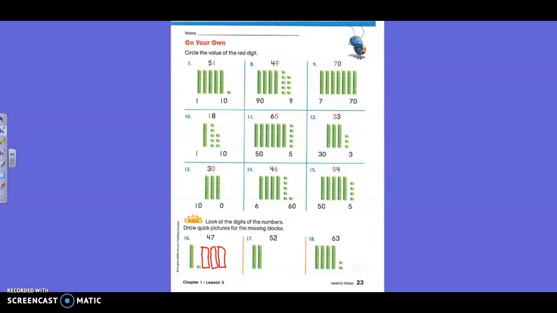Okay. How many more ones do we need? We only have how many ones right now, Clara? We need 7, and we only have 1, so how many more do we need? What's 1 less than 7?